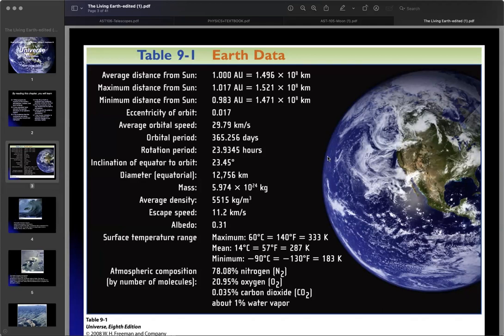The surface temperature range: maximum is 60 degrees Celsius, mean 14 degrees Celsius, and minimum is minus 90 degrees Celsius. Atmospheric composition, 78% nitrogen, 21% oxygen, 0.035% carbon dioxide, and 1% water vapor.